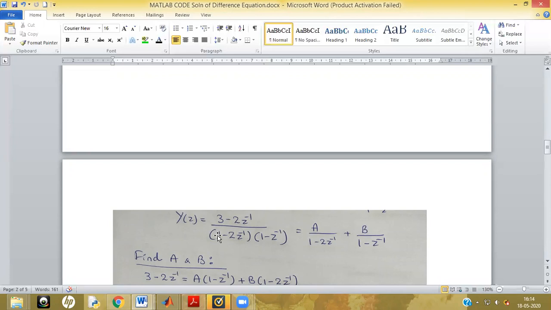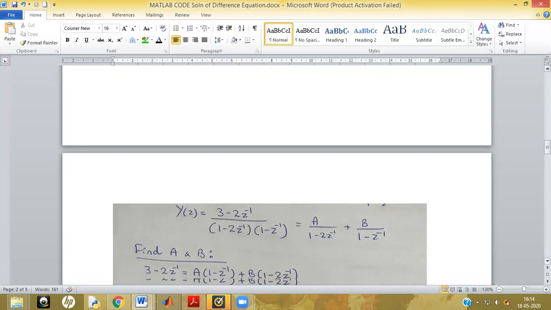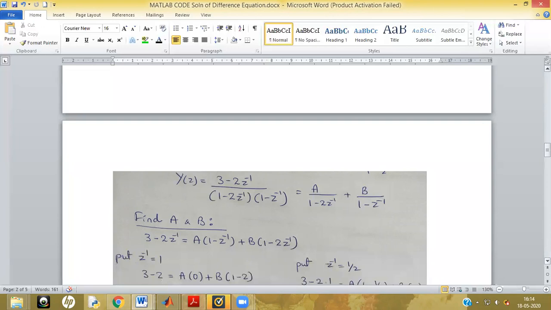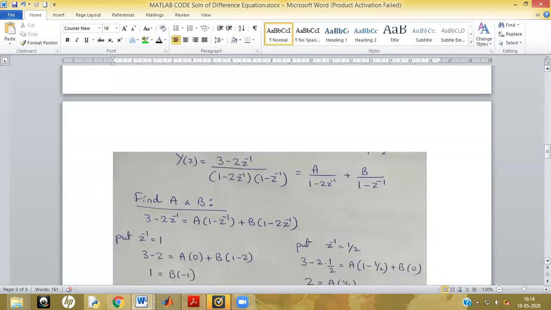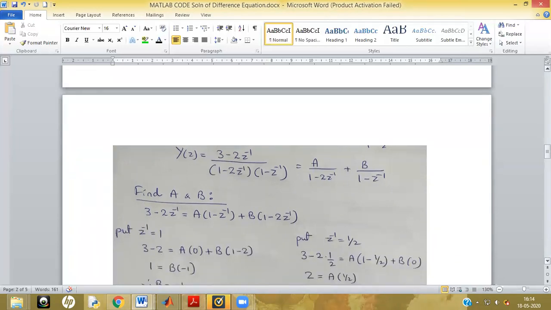If you want the solution in y of n, that is in the time domain, you'll have to correspondingly take the inverse z transform of this, and for that obviously you require the partial fraction expansion, to bring it into some suitable form wherein you can find the inverses directly.